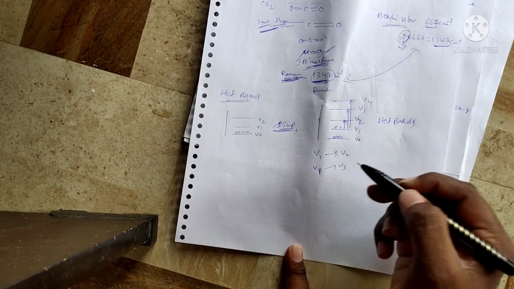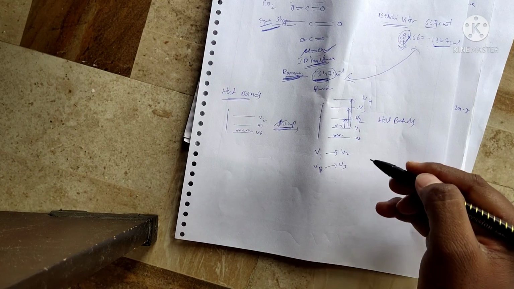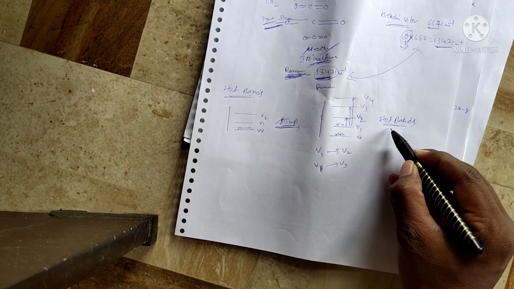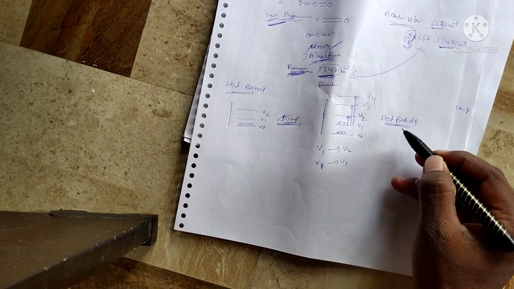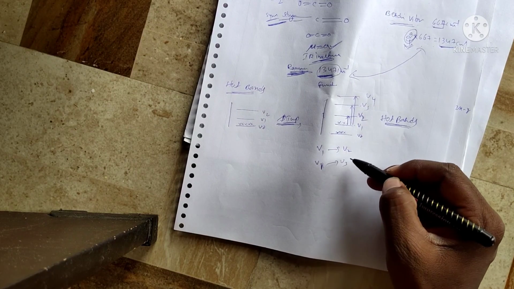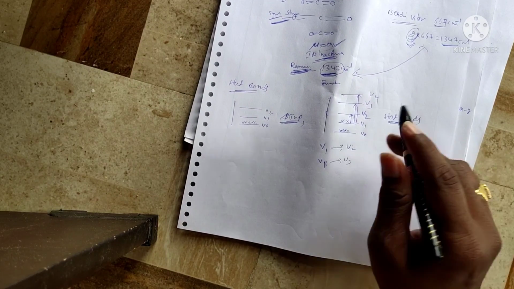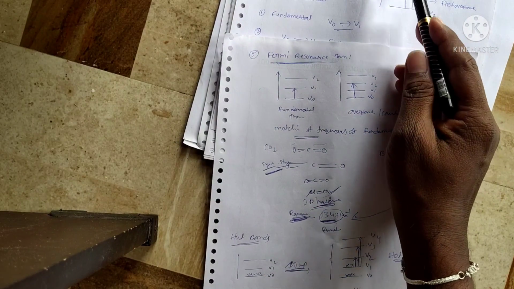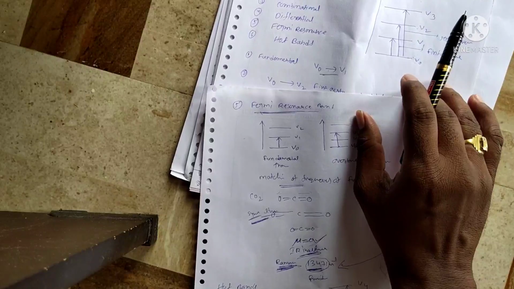Due to higher transitions, some bands will be formed in the IR spectrum. These are the types of bands in the IR spectrum.